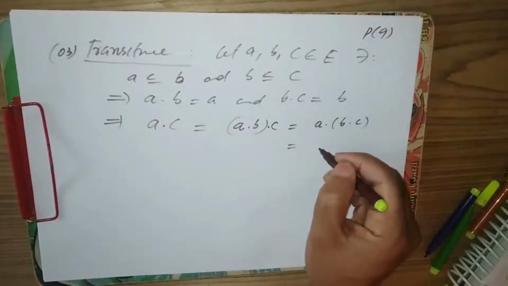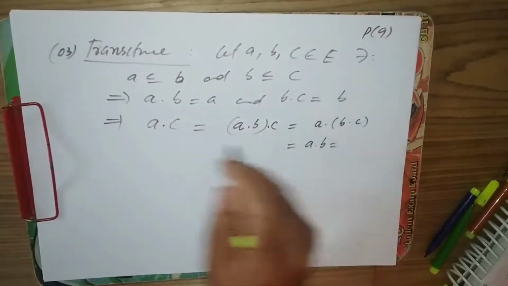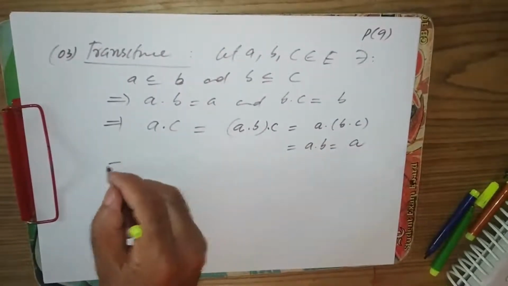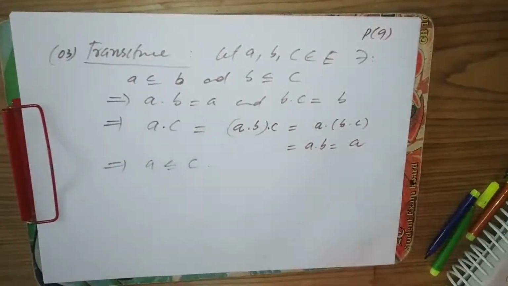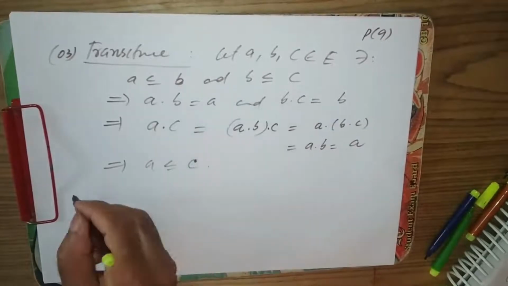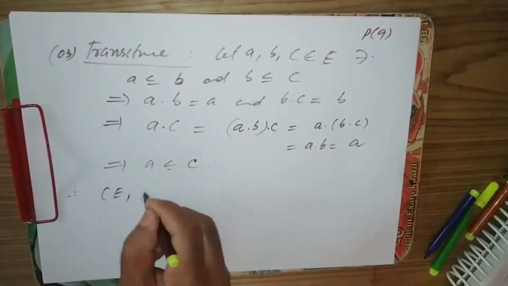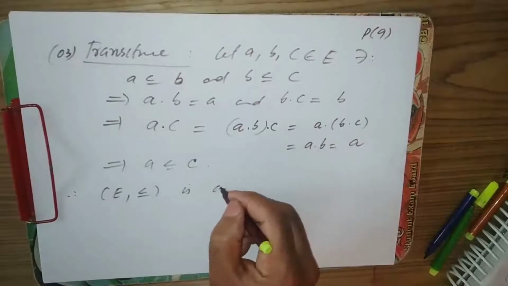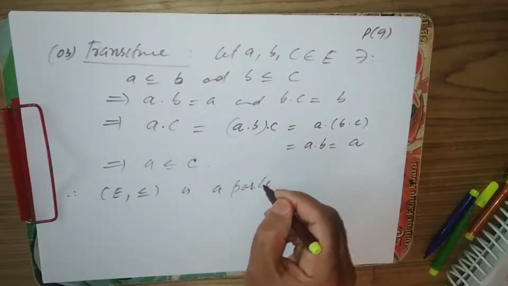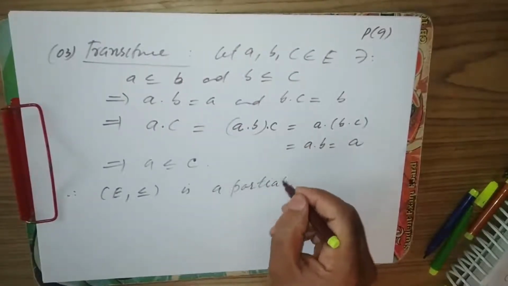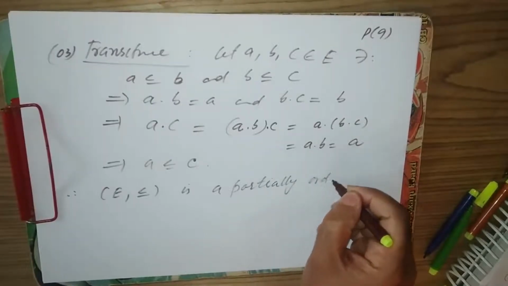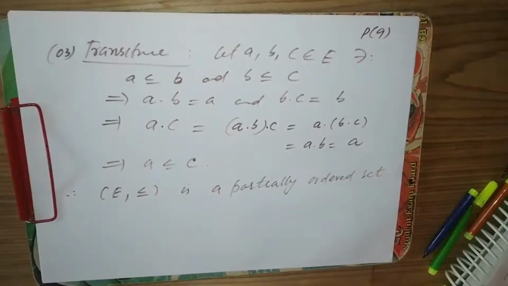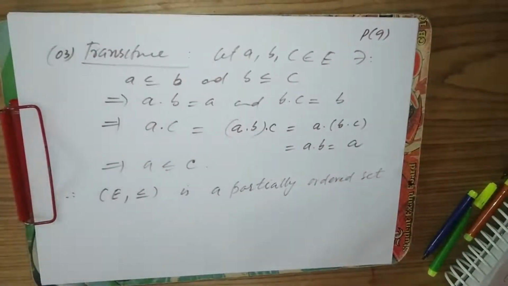B dot C is B. It's A dot B. Then A dot B is A. So that means A dot C is equal to A, which gives A is less or equal to C. So therefore E together with this relation less or equal to is a partially ordered set.